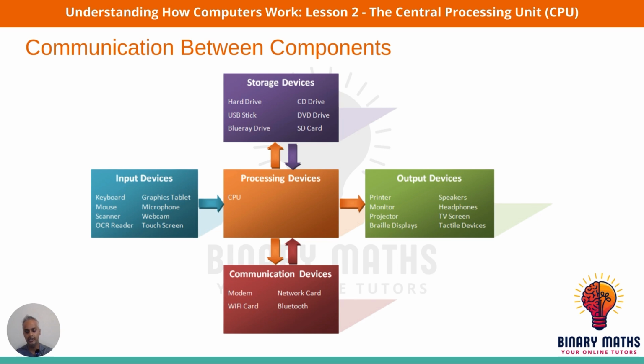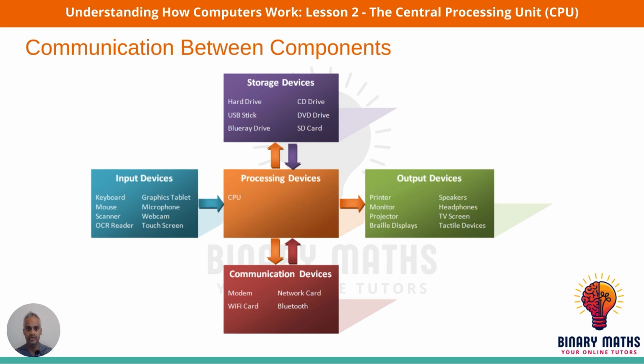So now that we've understood what some of these components are, let's see how these components communicate with each other. So this diagram is designed to show you the data flow between different parts of the computer. The CPU communicates with RAM to fetch and store data quickly.